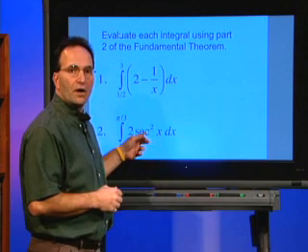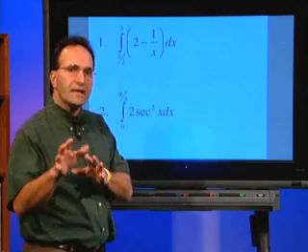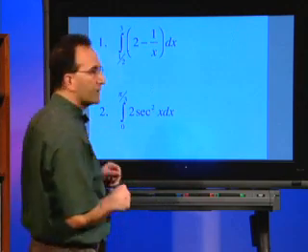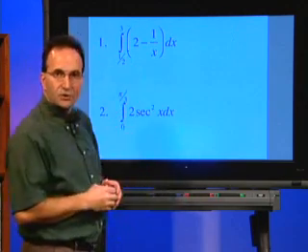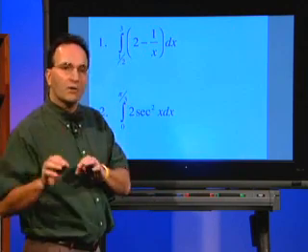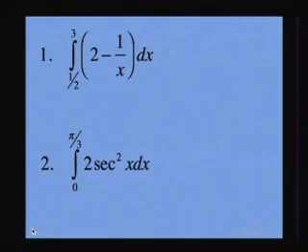So let's take a look at the first problem and apply the second part of the fundamental theorem of calculus. We need to integrate 2 minus 1 over x dx. So the integral, of course, of 2 is going to be 2x.